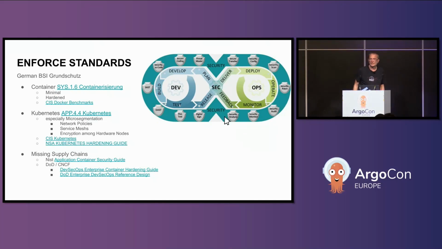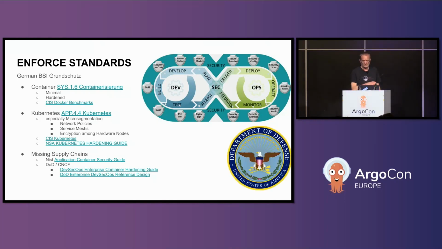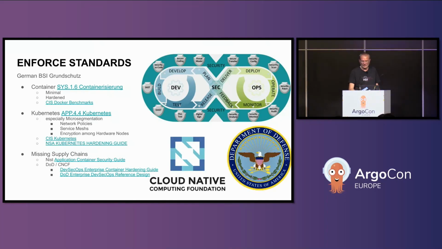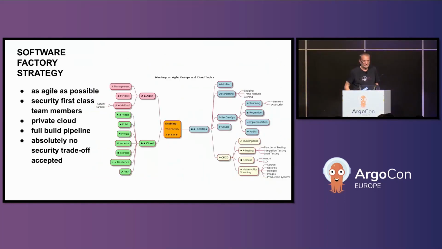This is all necessary if you want to implement this process. I don't know a single company who has implemented everything, but you can try as much as possible to get as secure as possible. So this is the Department of Defense and the CNCF who are supporting this.